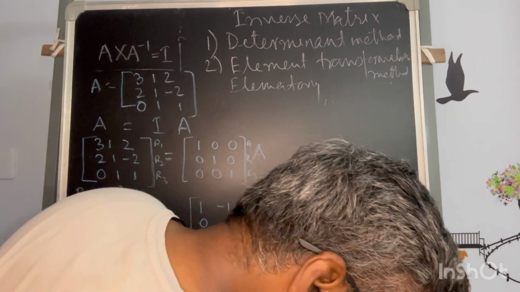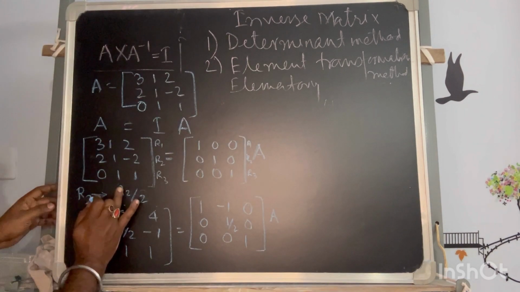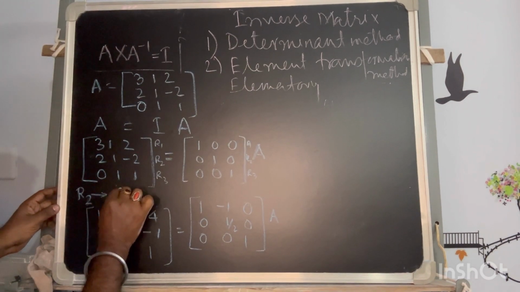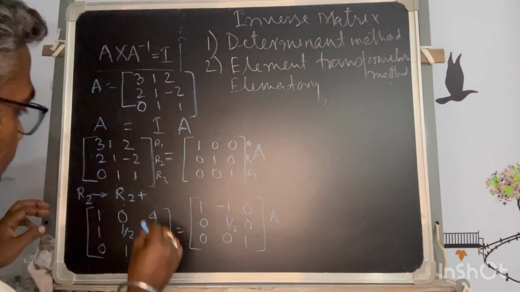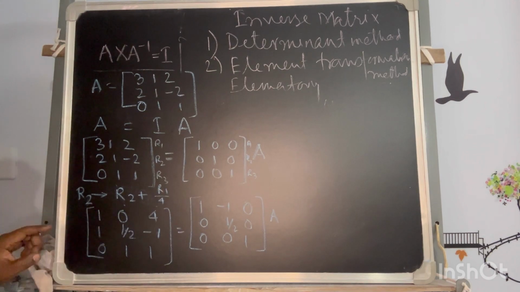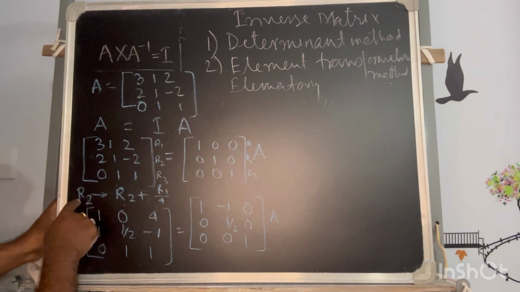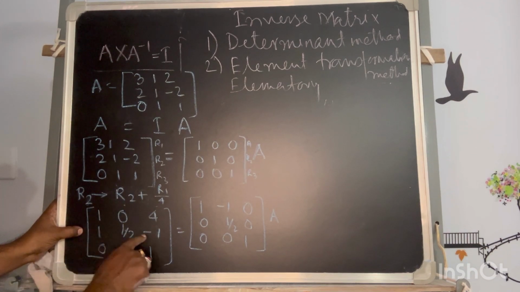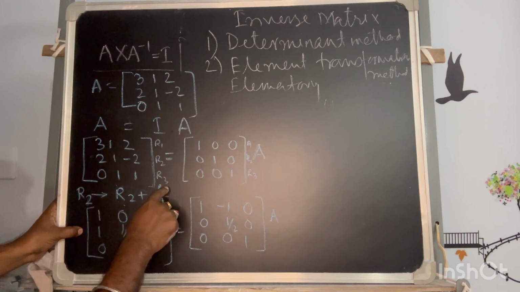The third operation that I did: R2 is equal to R2 plus R1 by 4. Just see with me how the change comes in R2. To whatever is there in R2, I am adding R1 by 4.